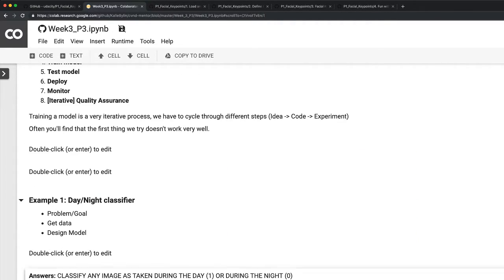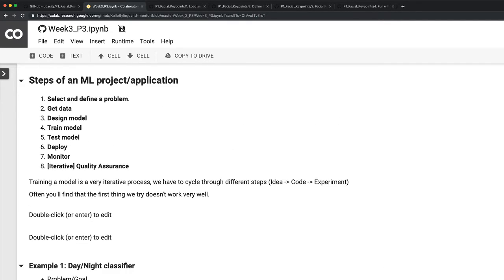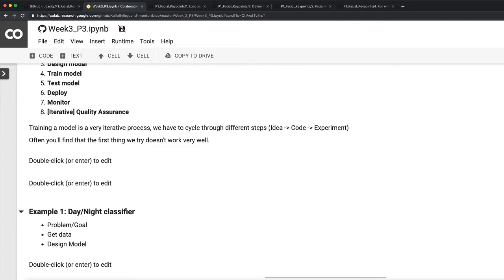Okay, so this is one way you could write this down, and this has several implications because now when we're going to get the data, we have to ask ourselves, what is it we want to do? Here I wrote down classify any image as taken during the day or during the night.